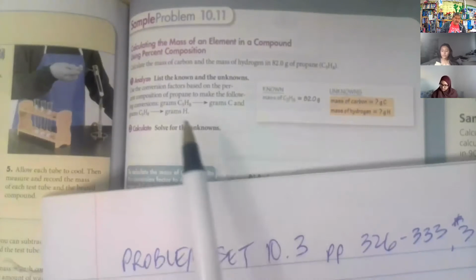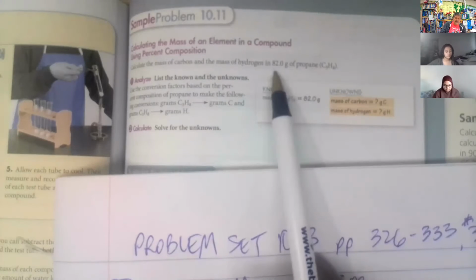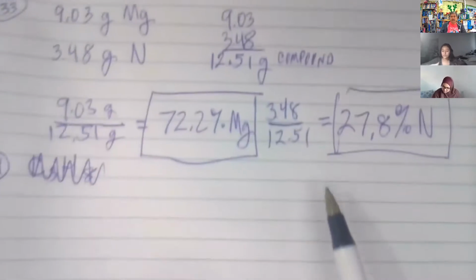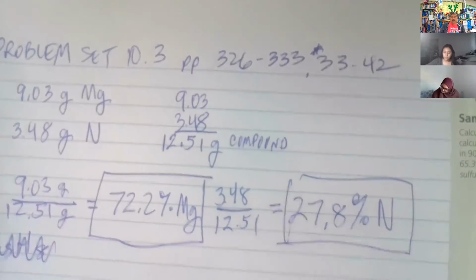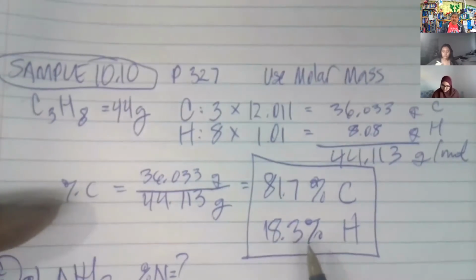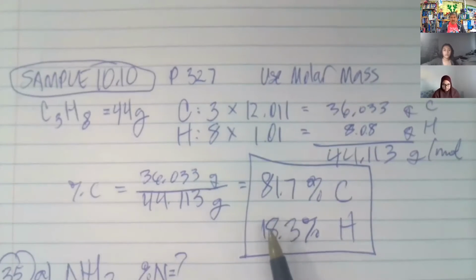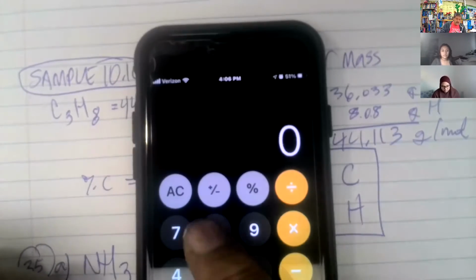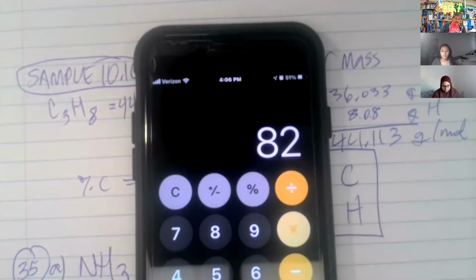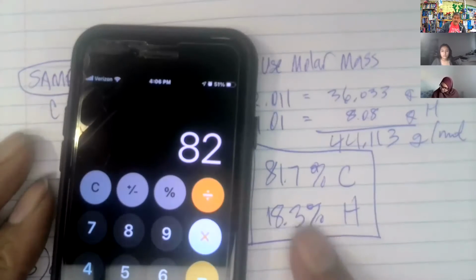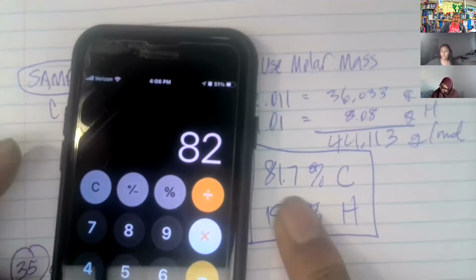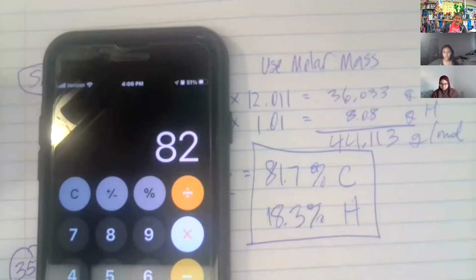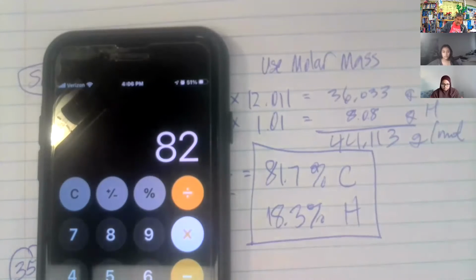If you have 82 grams, then you're going to take 82 grams and multiply that by 81.7%. To do that on a calculator, I'm going to move it back out of percentage and do it in decimal form.